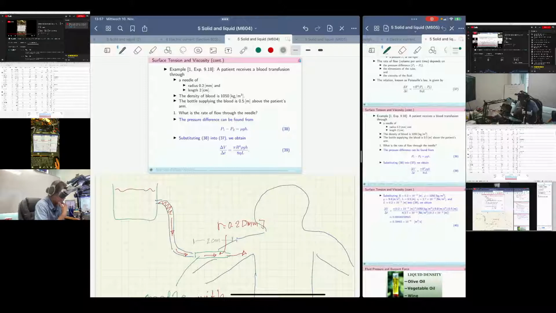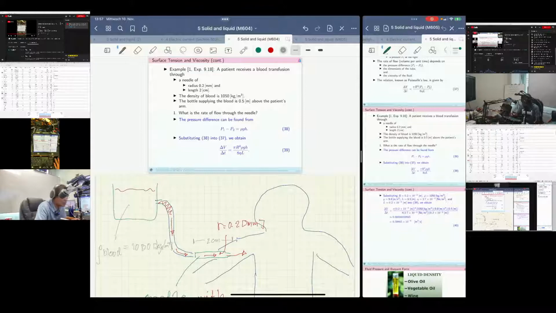And the density of the blood inside the container, rho of blood, is 1,050 kg per cubic meter, right?